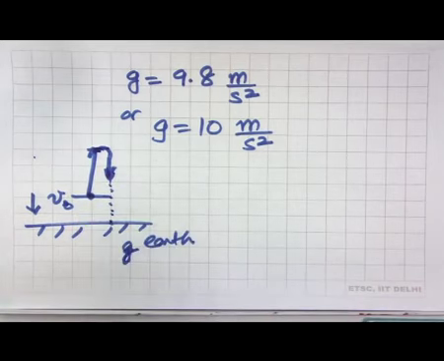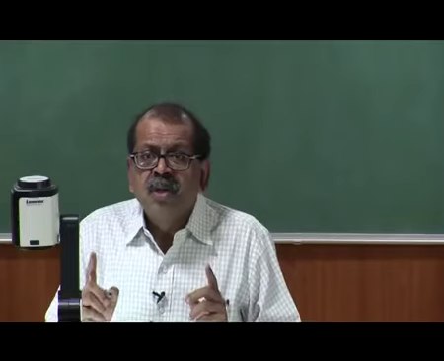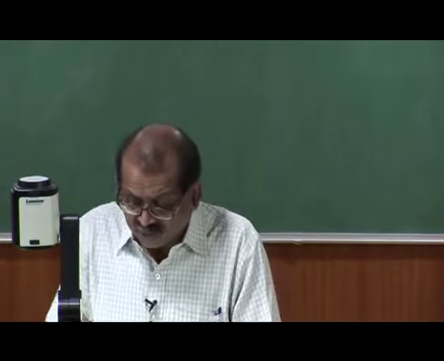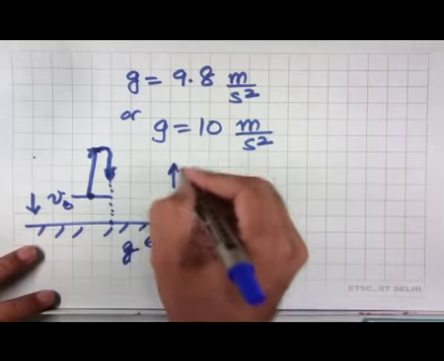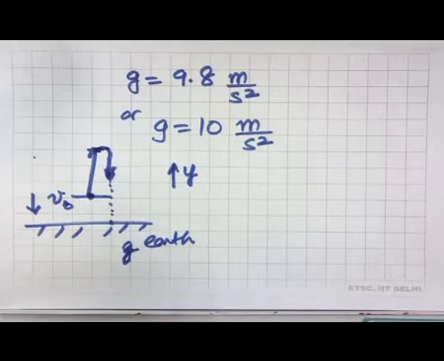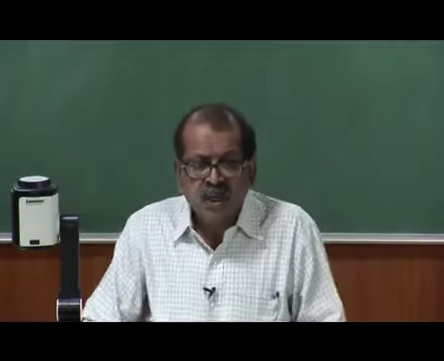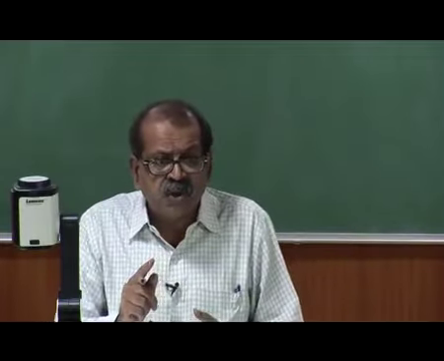So then it will start to fall down, and it keeps falling till it hits the surface of the earth. Now here you have to choose the sign of the distance. For example, if somebody chooses this as positive y, whatever we have been calling x becomes y here, because that is the direction of motion.